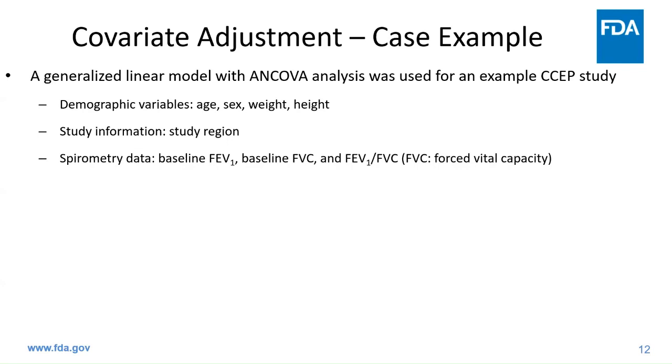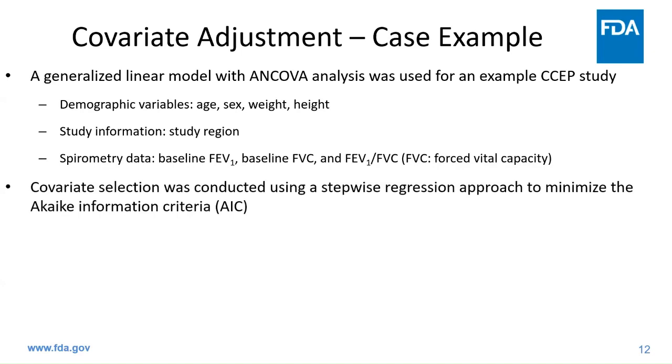The covariates we analyzed in this specific dataset include the demographic variables age, sex, weight, and height, the study information such as the study region, and other data like baseline FEV1 value and baseline FVC values. We conducted covariate selection for all those potential covariates using stepwise regression to minimize the AIC values.